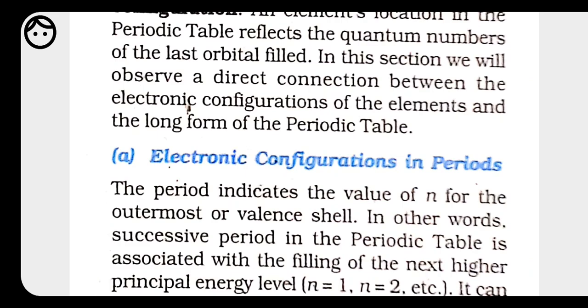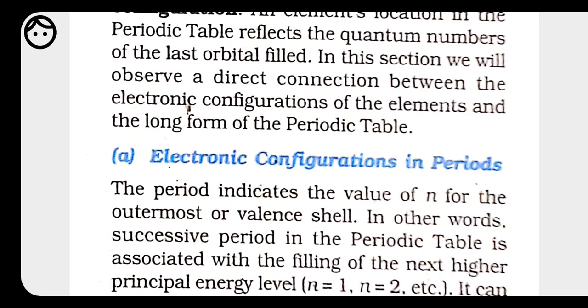When we move from left to right, that is along a period. In the second period we have lithium, beryllium, then boron, carbon, nitrogen, and so on. Here all of these have the same shell, but the number of electrons keeps increasing.